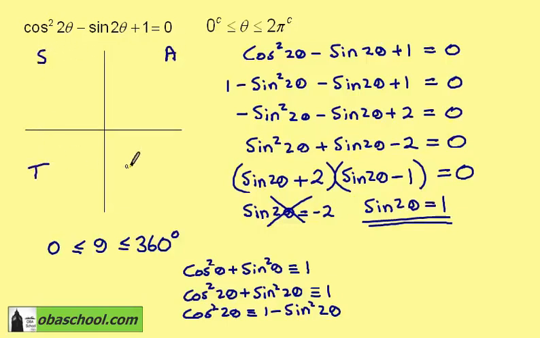If we consider the CAST diagram, sine 2 theta is 1 means that we're looking for values of 2 theta between 0 and 720. And the angle which gives us 1 when we take the sine is 90 degrees. The sine of 90 degrees is 1. If we now look for our solutions, starting at 0, we get 90 degrees.